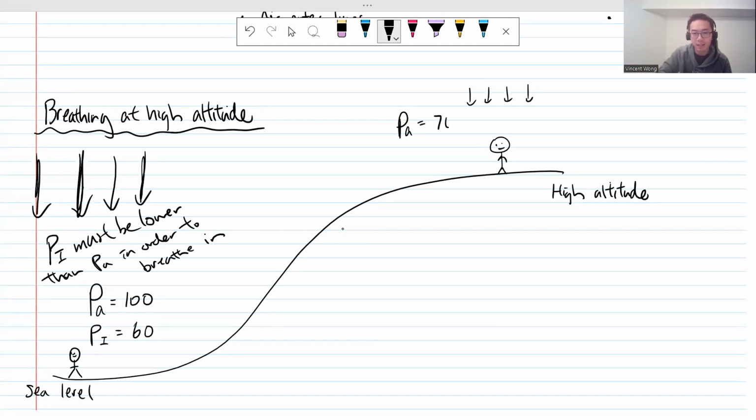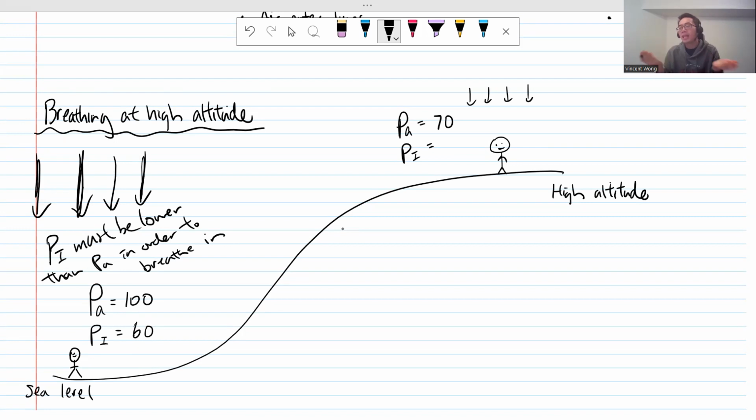Let's say it's 70, depending how high you go. The higher you go, the less atmosphere you have, until you're like in space, there's no atmosphere, right? So in order for you to breathe, I need to lower my lung pressure. Okay? So I need to really stick my chest out, so to speak.